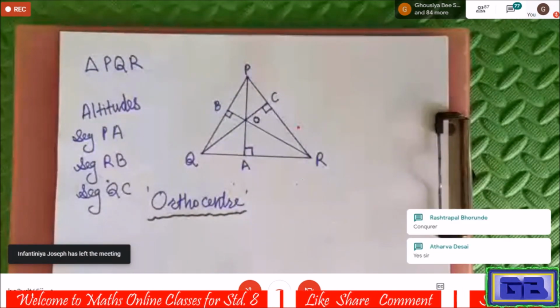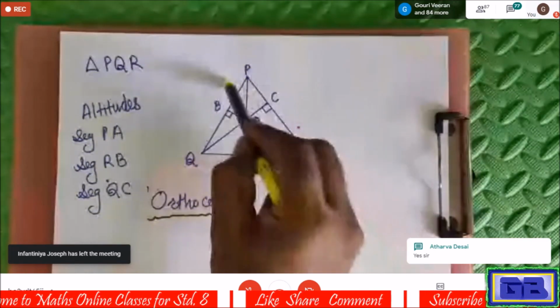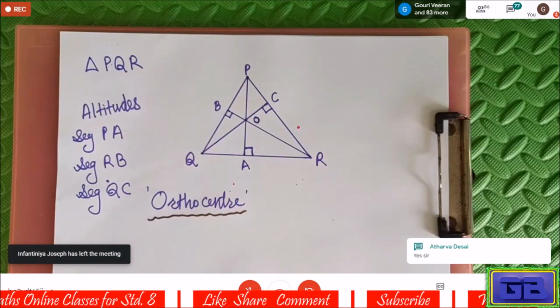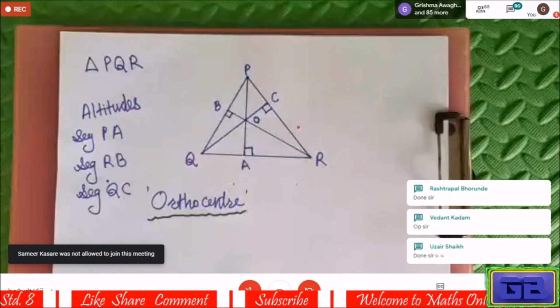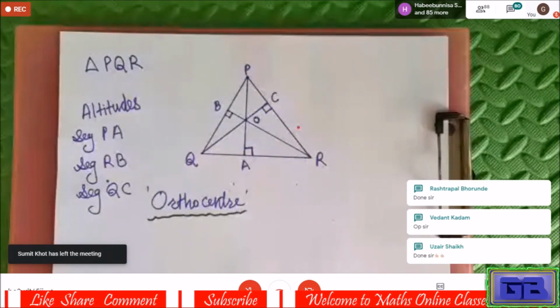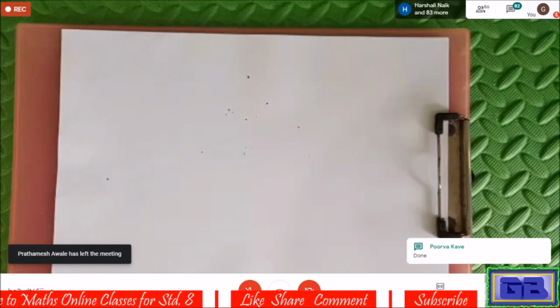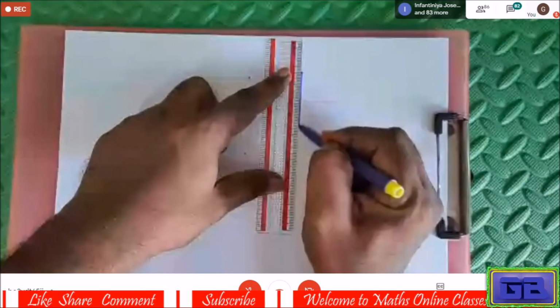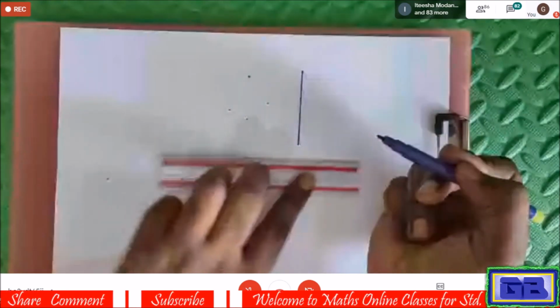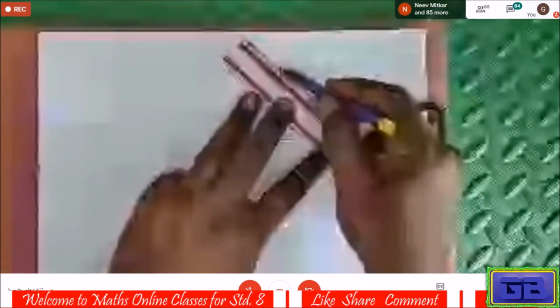To explain this altitude, we had taken an acute angle triangle. Now we have to take a right angle triangle. Draw one right angle triangle. I'm drawing here directly, and you draw along with me.